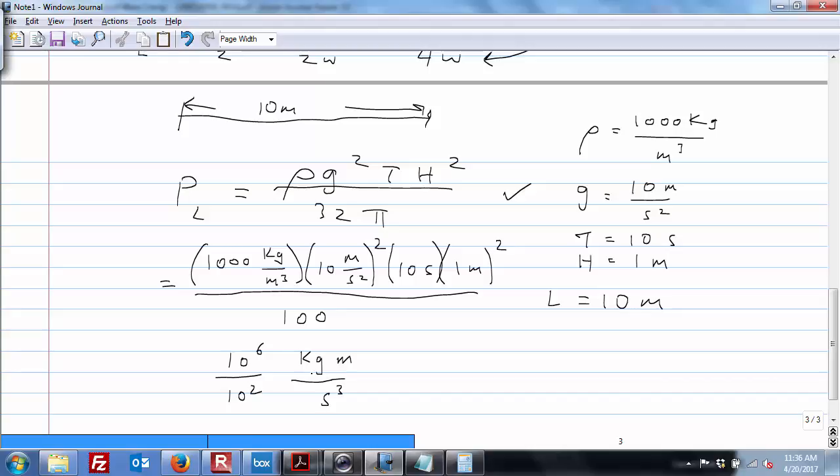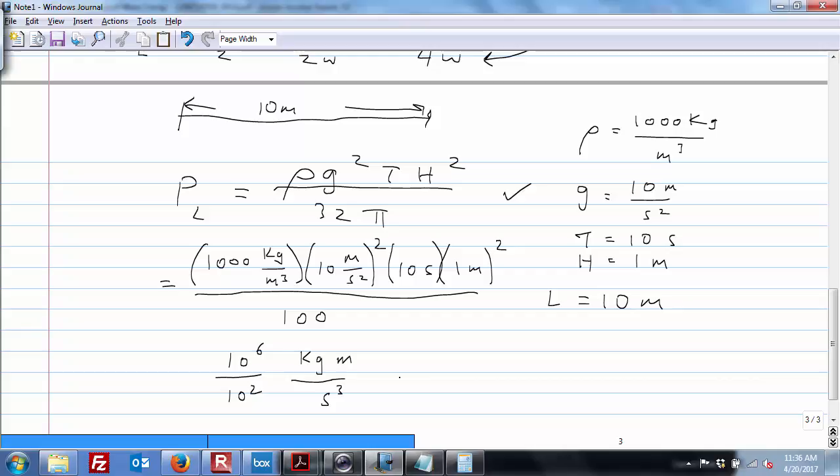So if you remember, watts are measured in kilogram meters squared per seconds cubed. So again, this came out nicely because it's watts per meter, watts per unit length. So what we came up with was watts per meter. Well, what is that? It's 10 to the 4th.